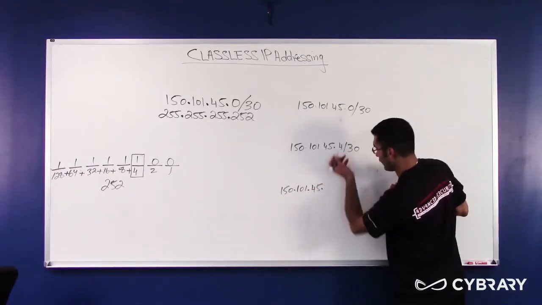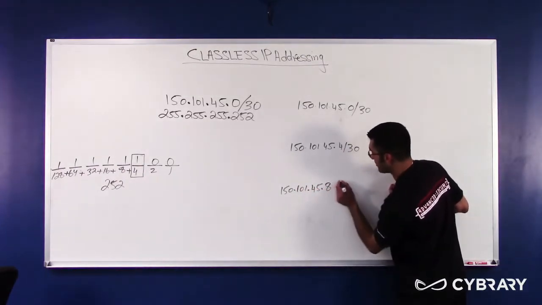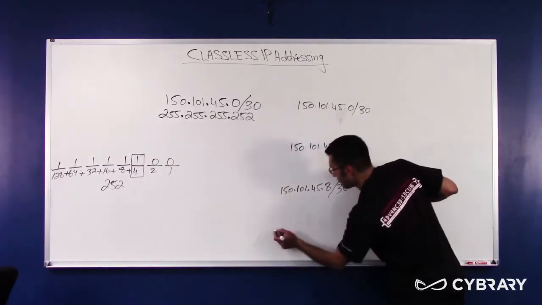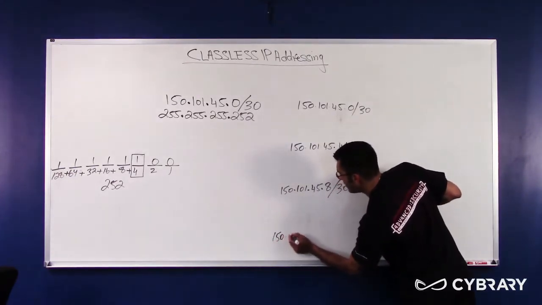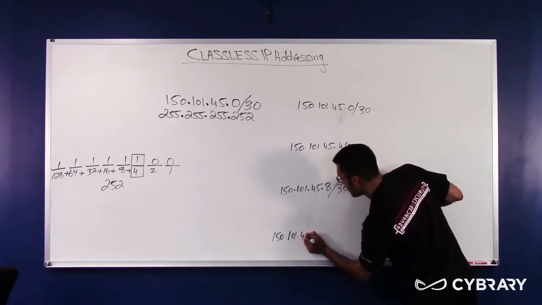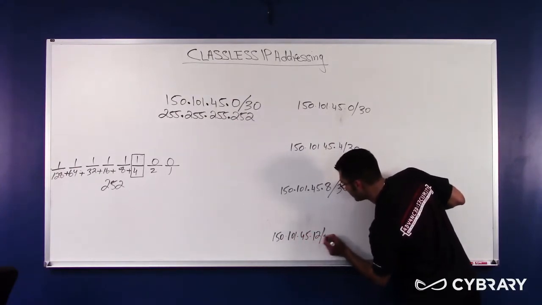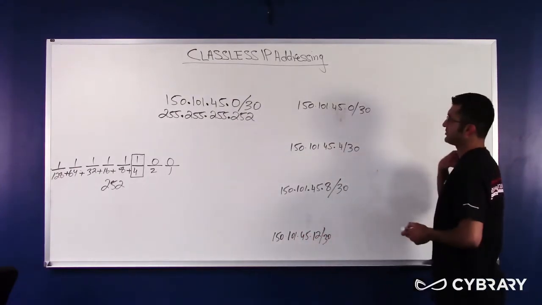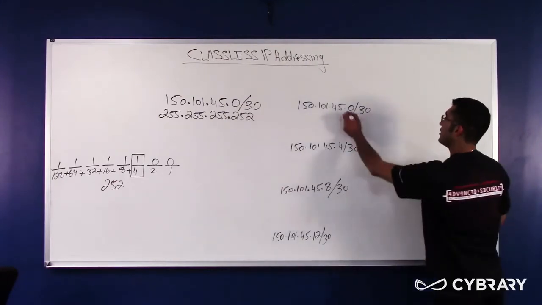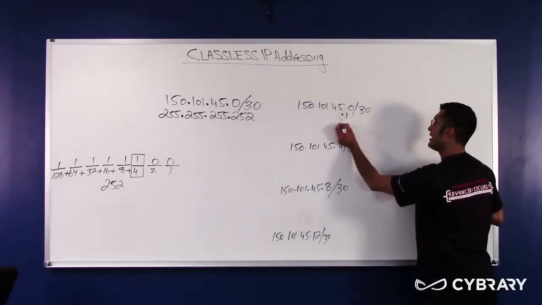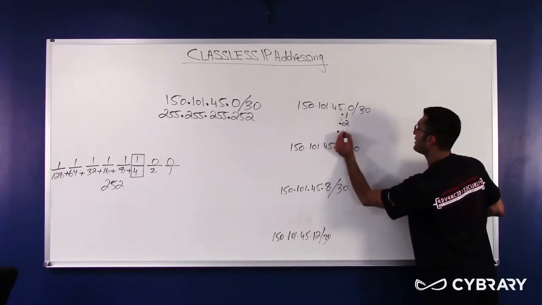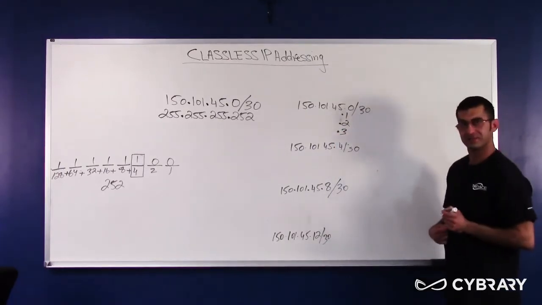Add 4 to 4, you get 8. I'm just making jumps of 4. My next one would start at 150.101.45.12/30. The valid addresses over here in the first network would be .1 and .2. .3 would be my broadcast.